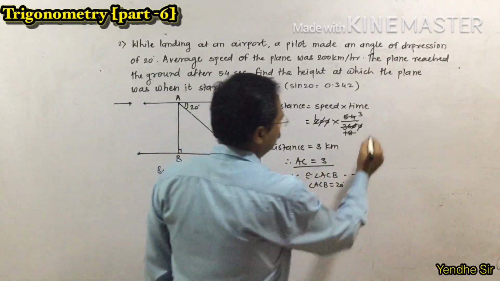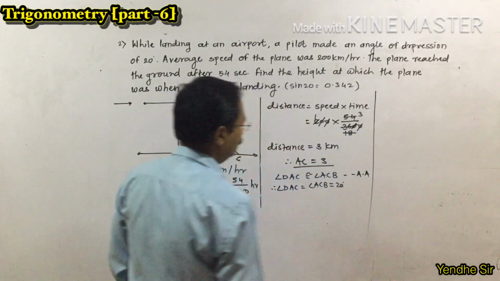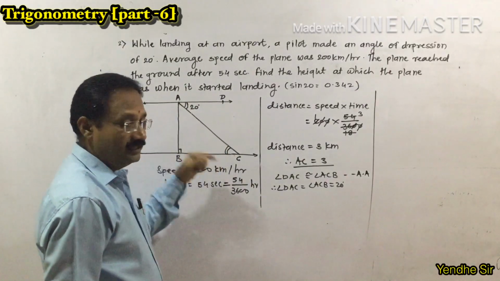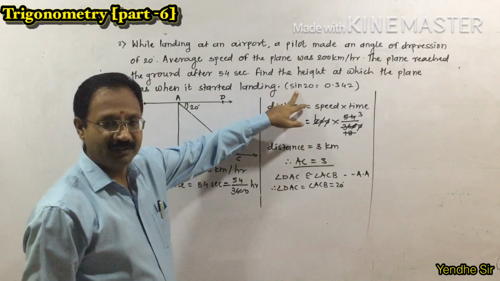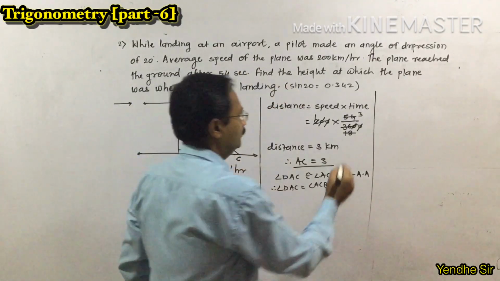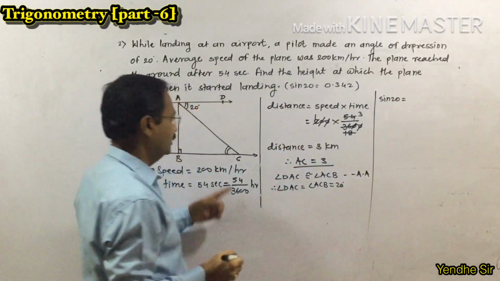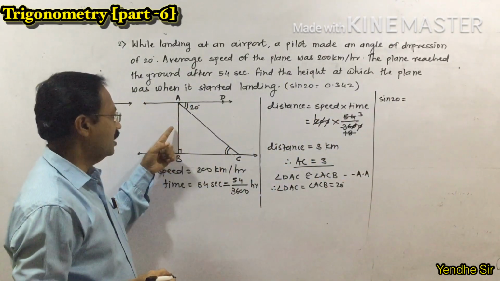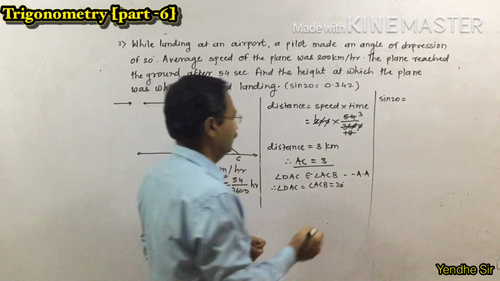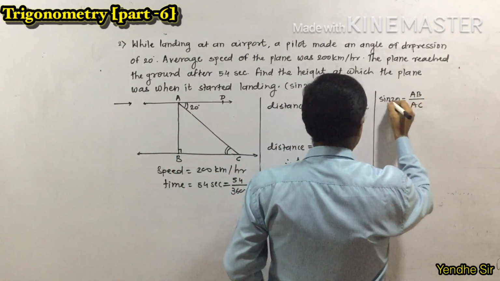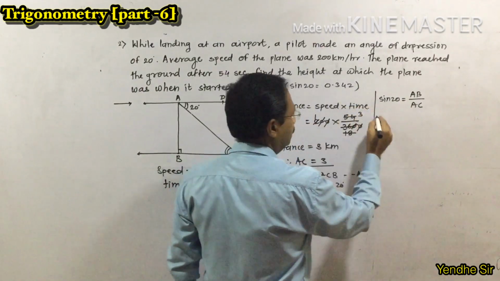Now I am going to use the sine value. Why? Because I got the distance here. Either way, the value of sine is given, so I am going to use the sine. Sine 20 equals, we know the ratio, sine equals opposite upon hypotenuse. So AB upon AC.